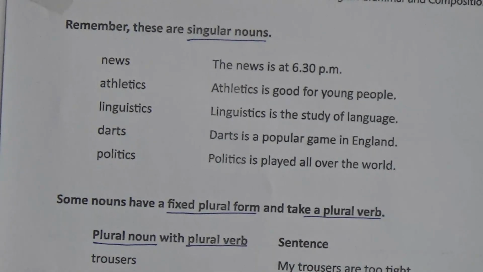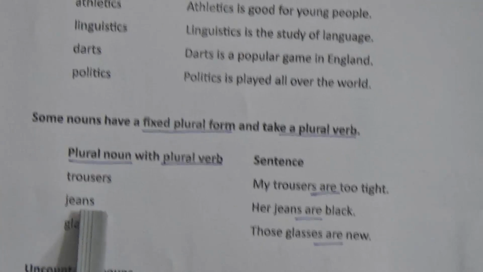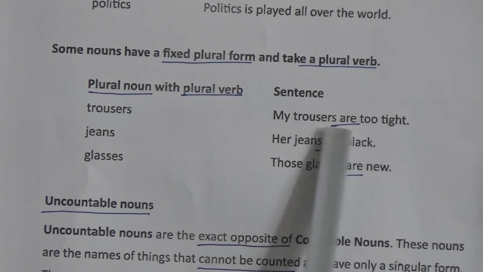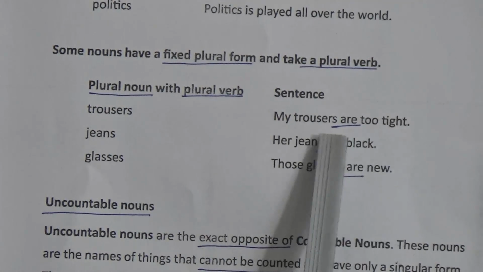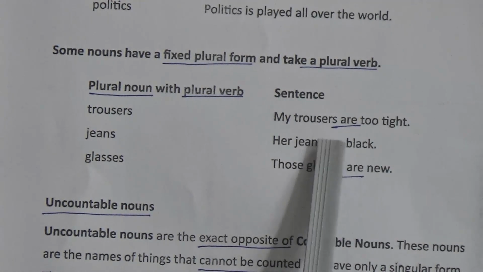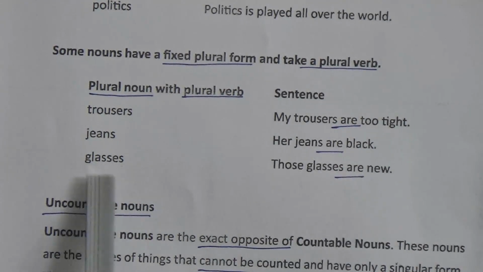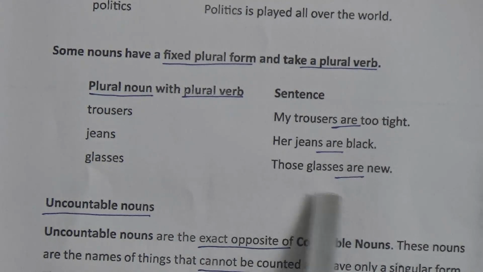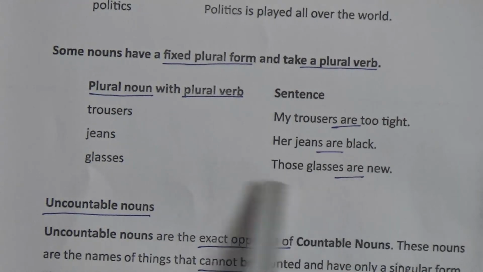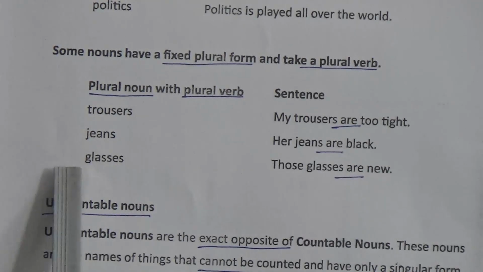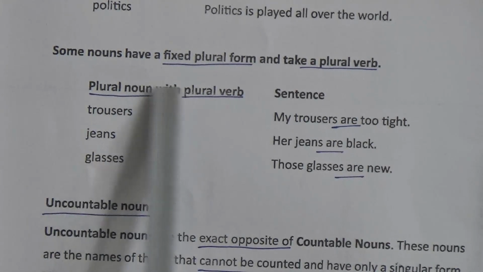See the example, trousers. This is our plural noun. See the sentence, my trousers are too tight. See, the plural noun is taking a plural verb. Jeans. Her jeans are black. Glasses. Those glasses are new. So see, all the plural nouns are taking plural verbs, and these plural nouns are fixed.